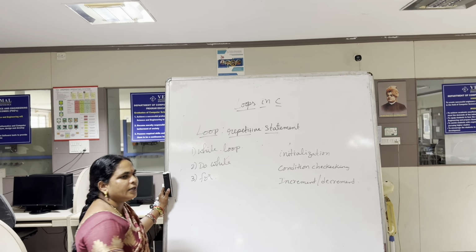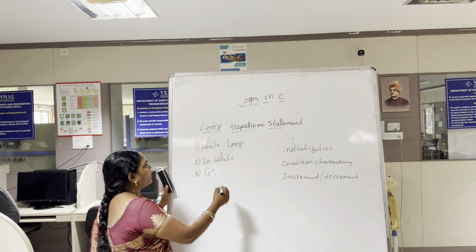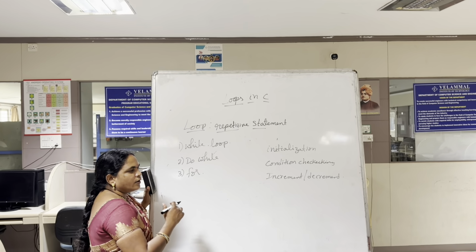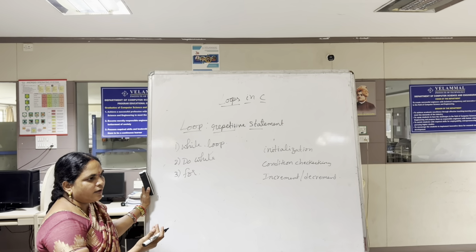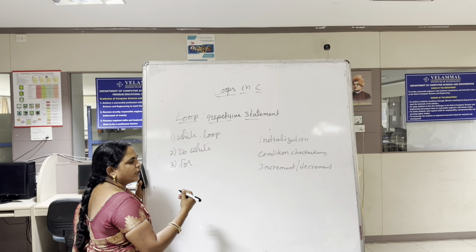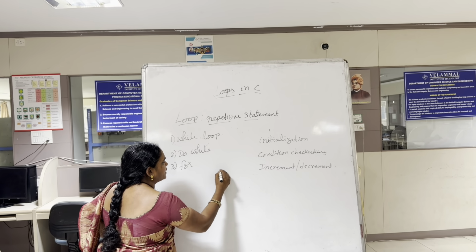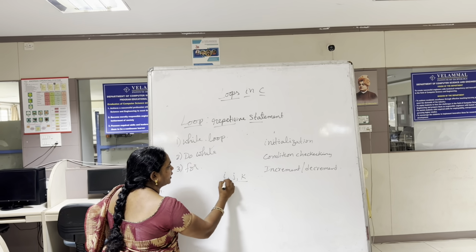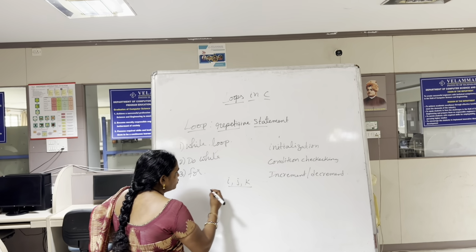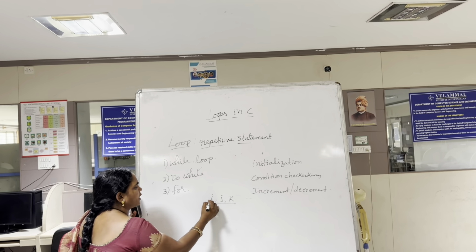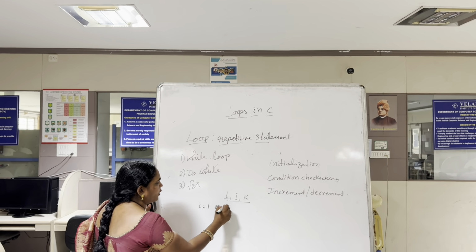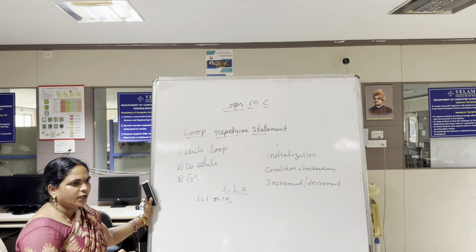For example, initialization: in order to perform programming, we need some variables to be declared for accessing values. The regularly used variables are i, j and k in the C programming language. So initialization means, for example, i is a variable which can be initialized to either 1 or 10, where you want to start the loop.